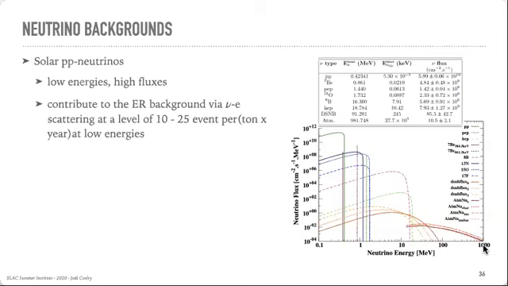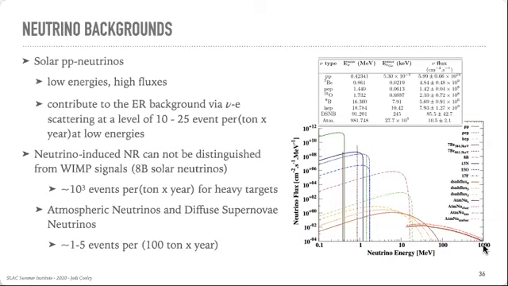And so essentially here, I think most people in this room have seen this at some point, but basically you have solar pp neutrinos at low energies and high fluxes, and these can contribute to the electron recoil background via neutrino-electron scattering. This happens at an event level of about 10 to 25 per ton-year at low energies.